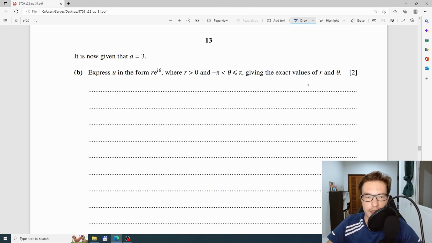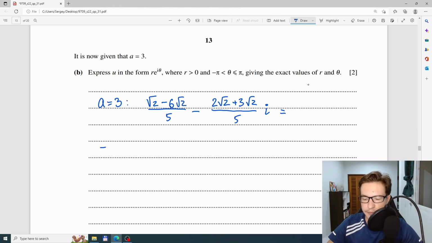So we will get square root of 2 minus 6 square root of 2 over 5 minus 2 square root of 2 plus 3 square root of 2 over 5 i.